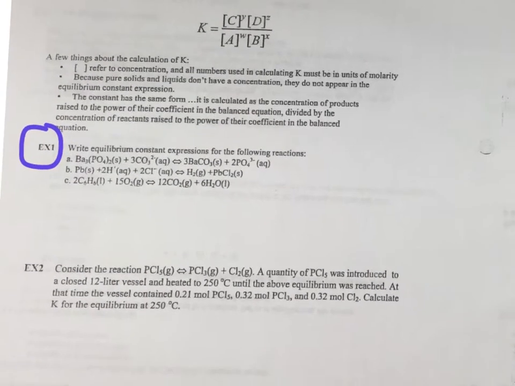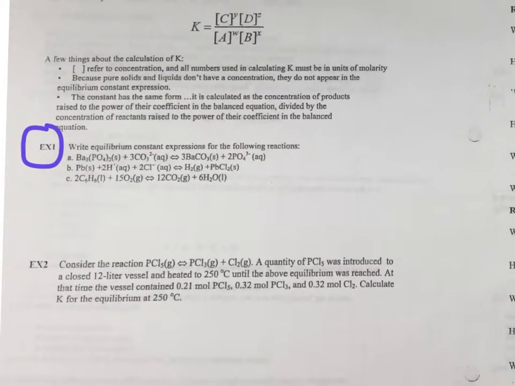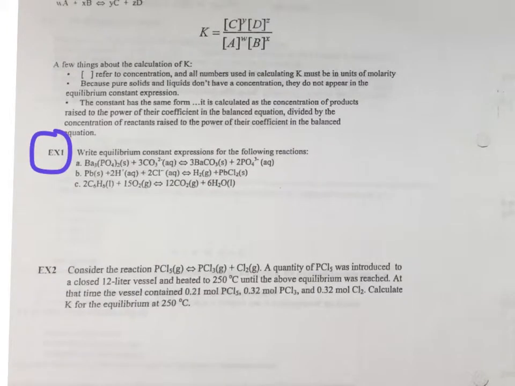So it gives you 3 balanced equations, and I want the equilibrium constant expressions. Couple hints. Some of these have charges on it. So you see this Cl, that's in letter B, but it has a little minus sign. Make sure you include charges, and then you would take it to the second power. Okay, so make sure you don't forget charges.